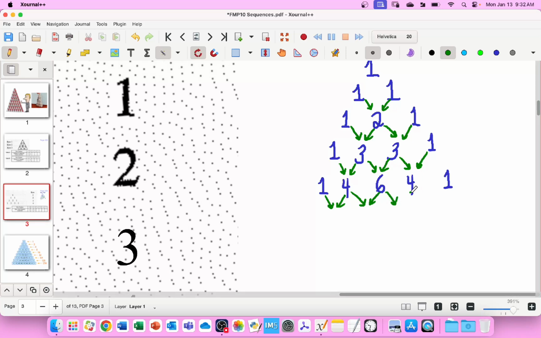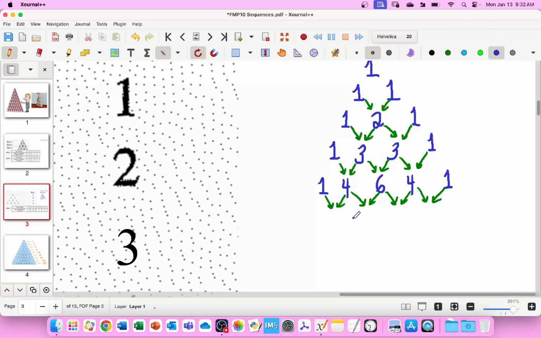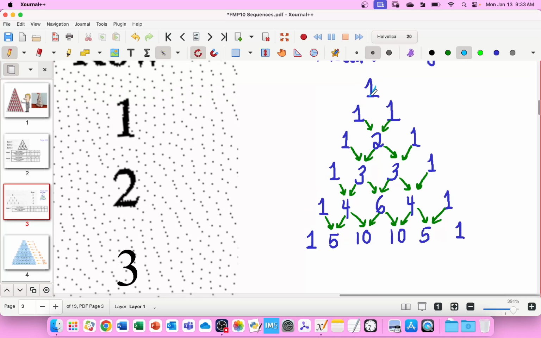We're always going to be summing these two numbers to find out what the numbers in our next row are. 1 plus 4 is 5. 4 plus 6 is 10. 6 plus 4 is 10. 4 plus 1 is 5. And then again with the ones on the diagonal. There's always going to be those ones along the diagonals.